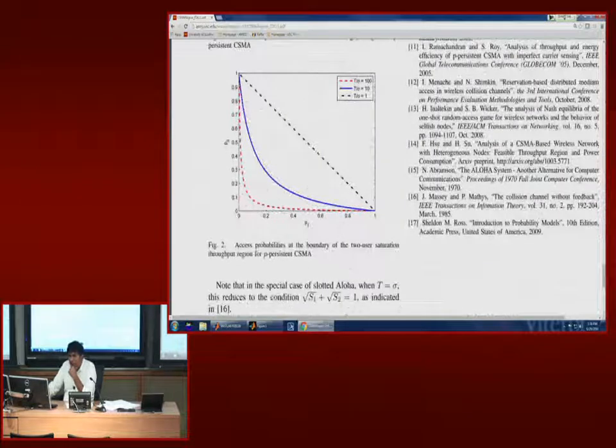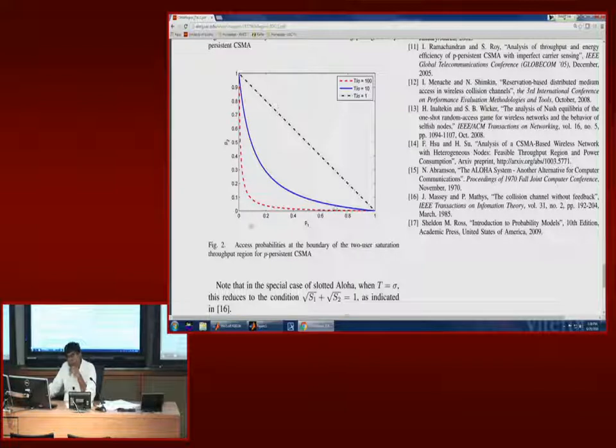This figure shows the condition relating P2 and P1 at the optimum boundary of the throughput region. This line is the line for slotted aloha where P1 and P2 must equal 1. But it turns out that as the success time to idle time ratio gets higher, there's a different relationship that they must follow that ends up looking more and more kind of lower down.